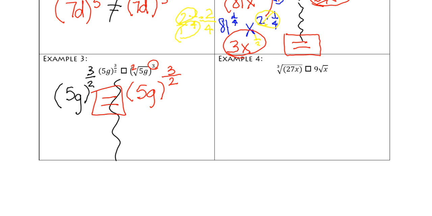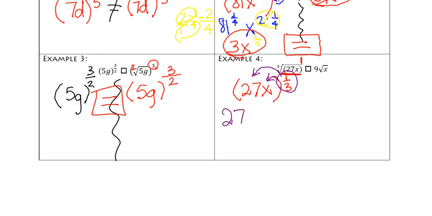And last one, example 4. The cube root of 27x and then 9 times the square root of x. So this whole thing is underneath the cube root raised to the first power. I'm going to put 27x in parentheses. That will be raised to the 1/3 power. And then I'm going to take this 1/3 power and raise it to the 27, and take it to x to the 1/3 power as well.